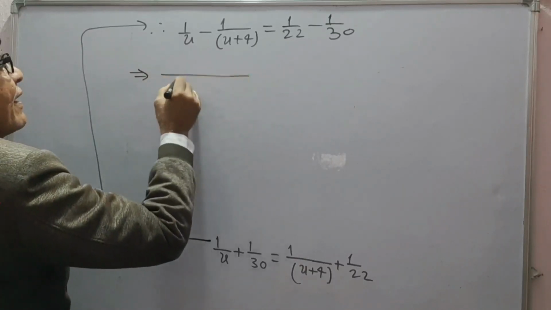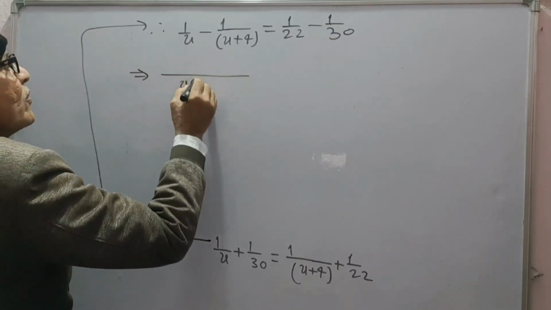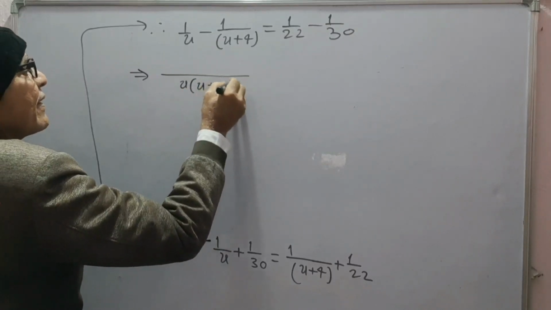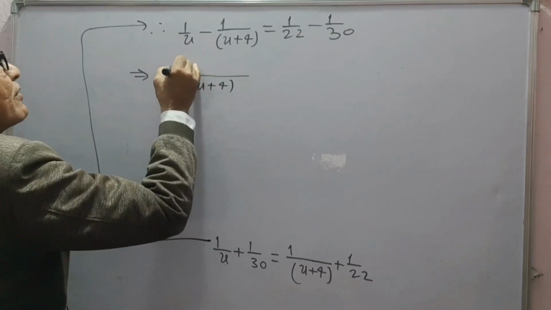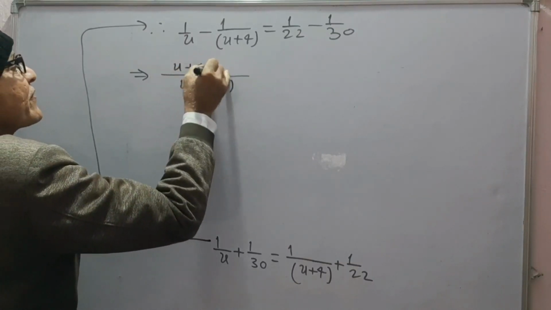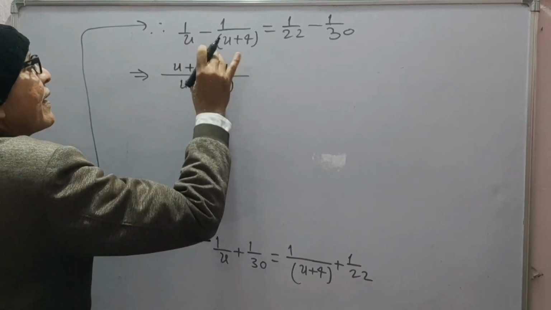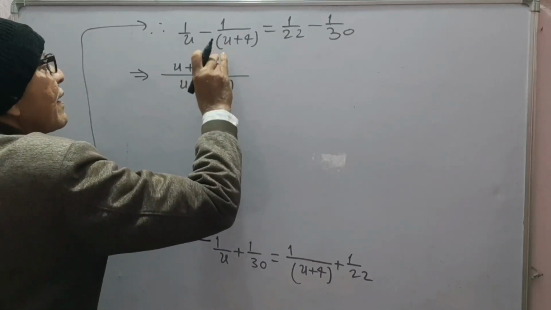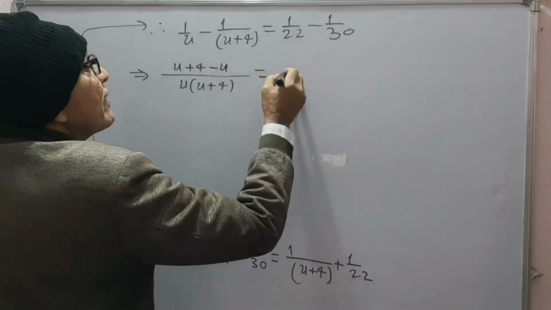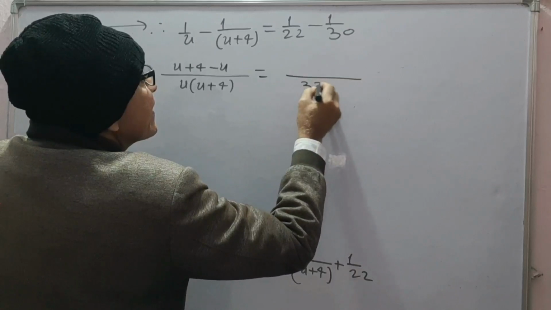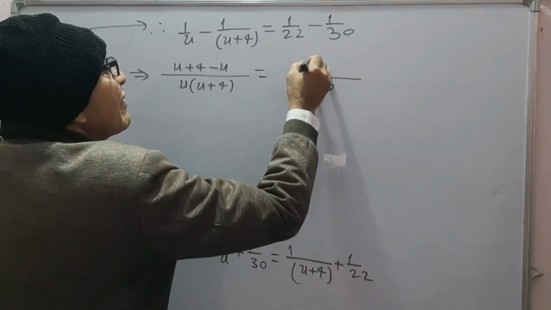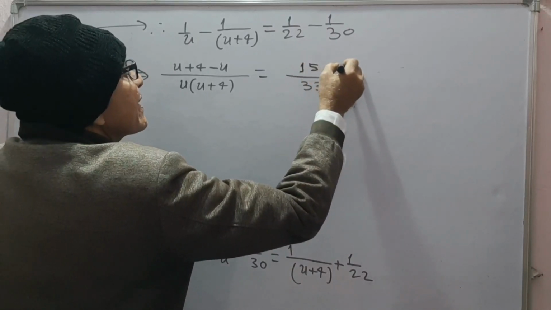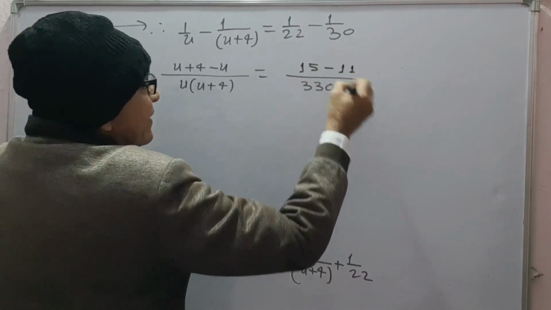So u into u plus 4 is LCM. Here we have u plus 4 minus u is equal to, 330 is LCM of these two, so this is 15 minus 11.